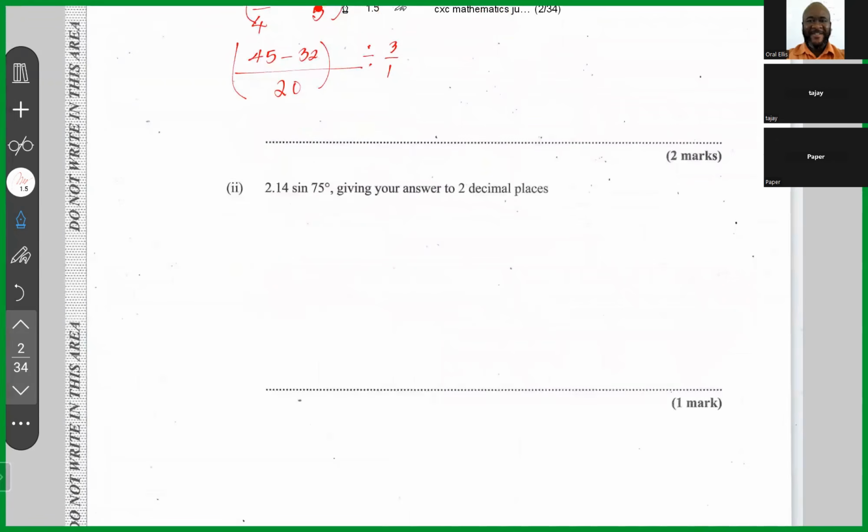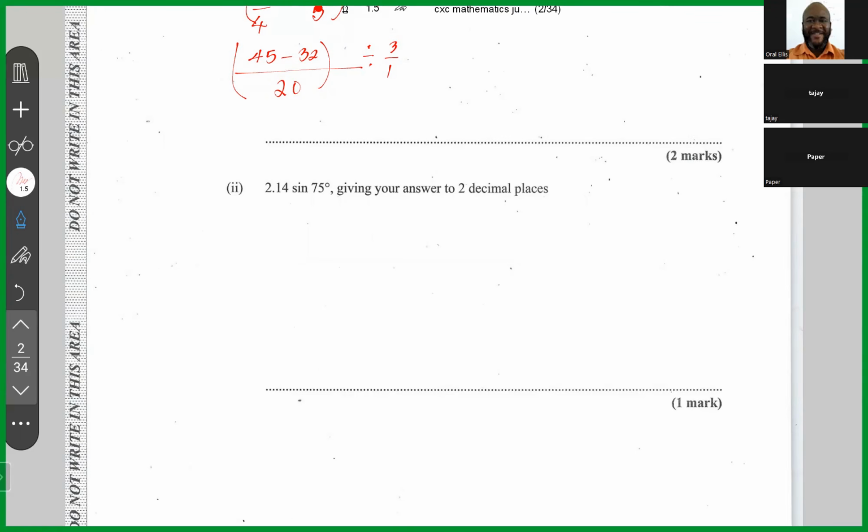Let's go to the II part of the question. It says, continuing the same heading, using a calculator or otherwise, you're going to evaluate 2.14 sine 75 degrees. So all you would simply do with that is just put that in a calculator and press equal. And when you do, you should write your answer to 2 decimal places.